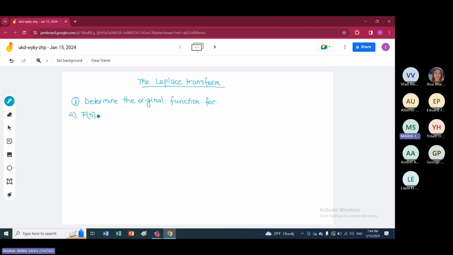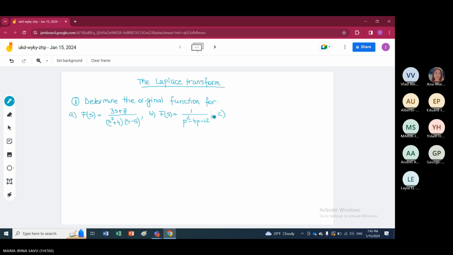A: F of s equals 3s plus 8 over s squared plus 4 times s minus 5. B: F of s is 1 over s squared minus 4s minus 12.